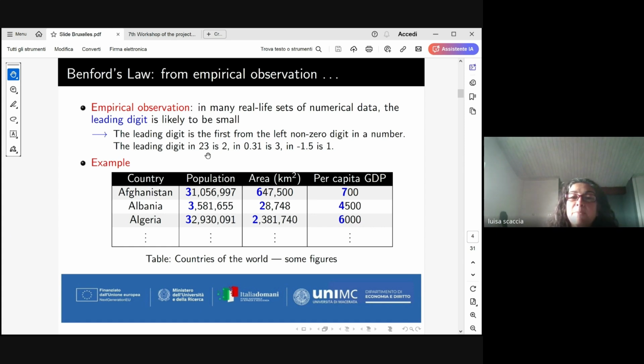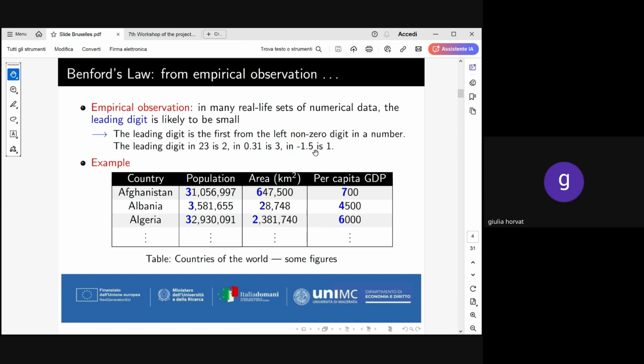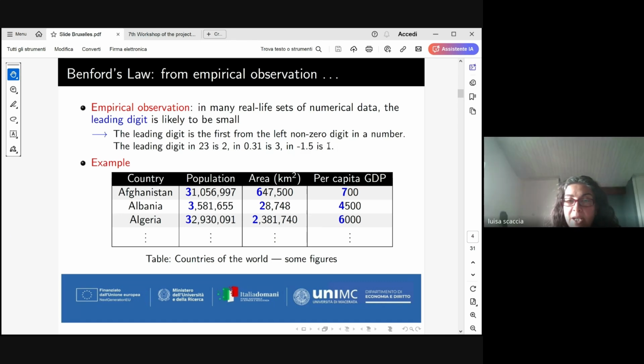So, for example, in the number 23, the first leading digit is 2. In the number 0.31 it will be 3, so we drop the 0, we don't consider the zeros. In minus 1.5, it will be 1.